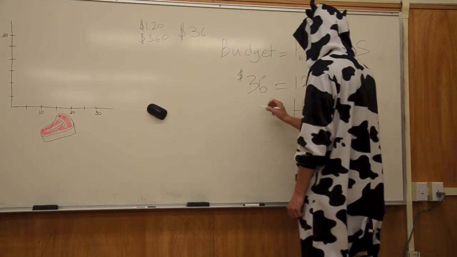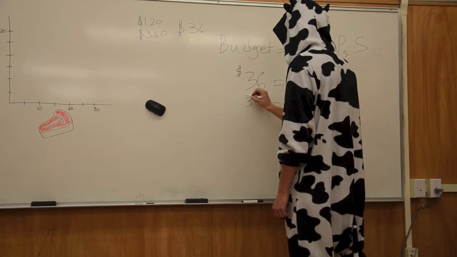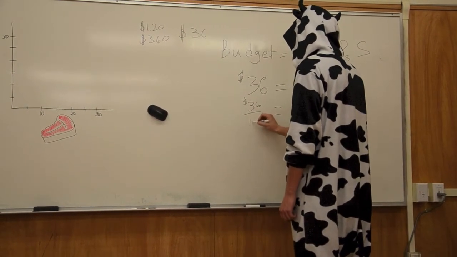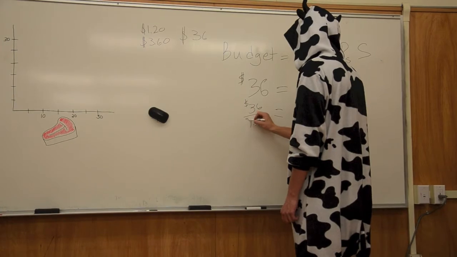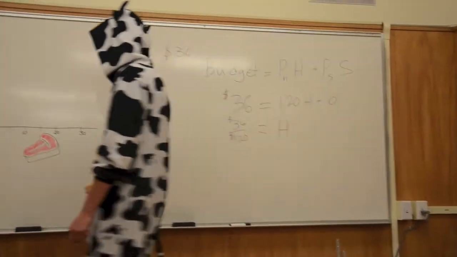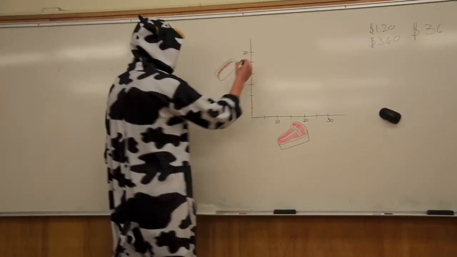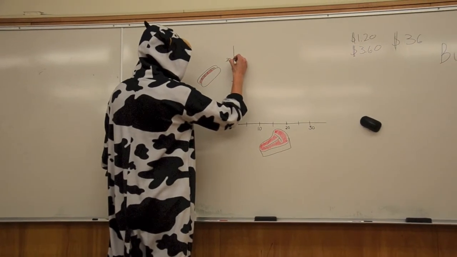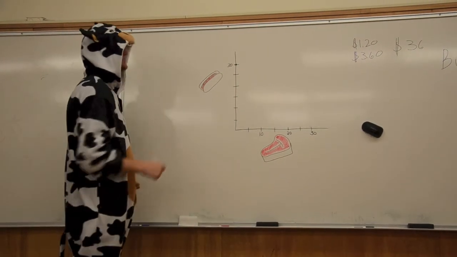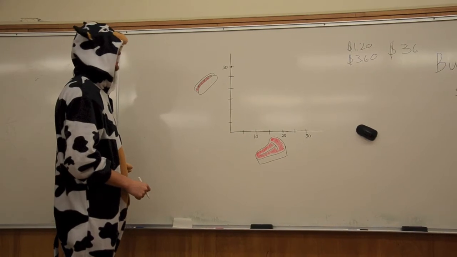And our quantity H equals $36 divided by $1.20. Okay. Man, how convenient, it's already there. So the most that we can buy with our $36 budget is 30 hot dogs at $1.20.